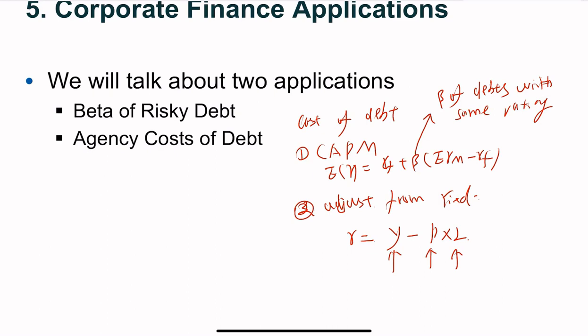You would first look at Apple's debt rating. If the rating says Apple's debt has an AA rating, then you will look for the beta for AA rated debt, and then you will use that as Apple's debt beta.